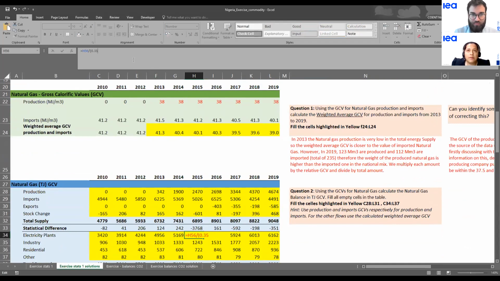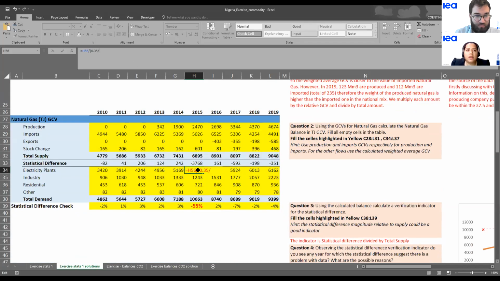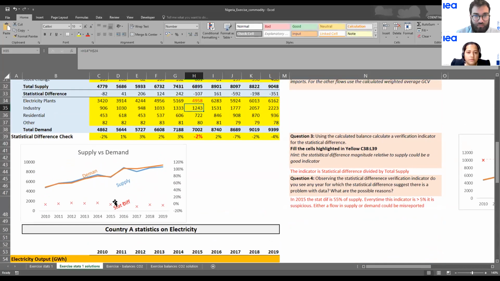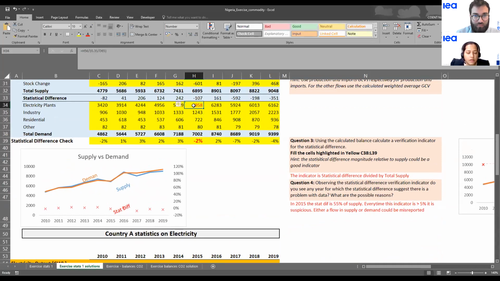So here we will apply 35% and we divide it by D65. D65 is the conversion, yes. So normally you would get 4,950 exactly. So that's now the right input that we back calculate, and if you look at the statistical difference, now it's fixed, it's -2%.